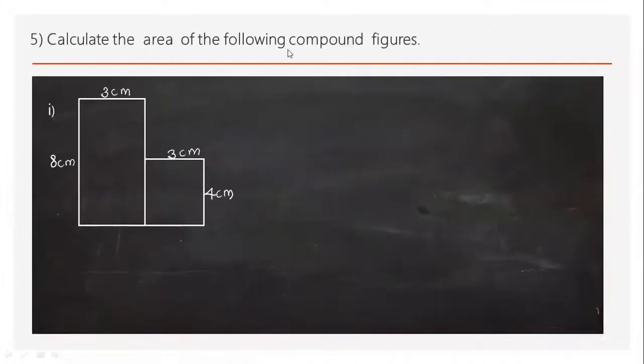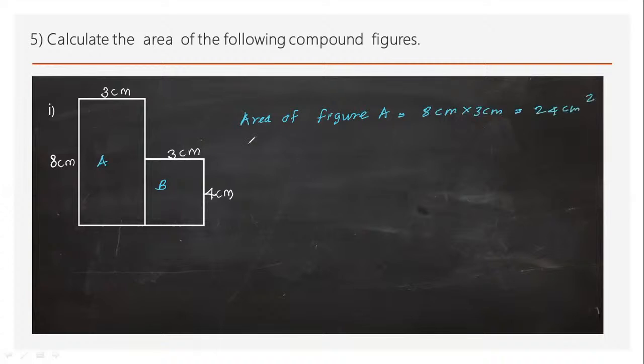Find the area of the following compound figure. This is a compound figure. Let's name this as A and this as B. Area of figure A, 8 centimeter into 3 centimeter, that is 24 square centimeter.